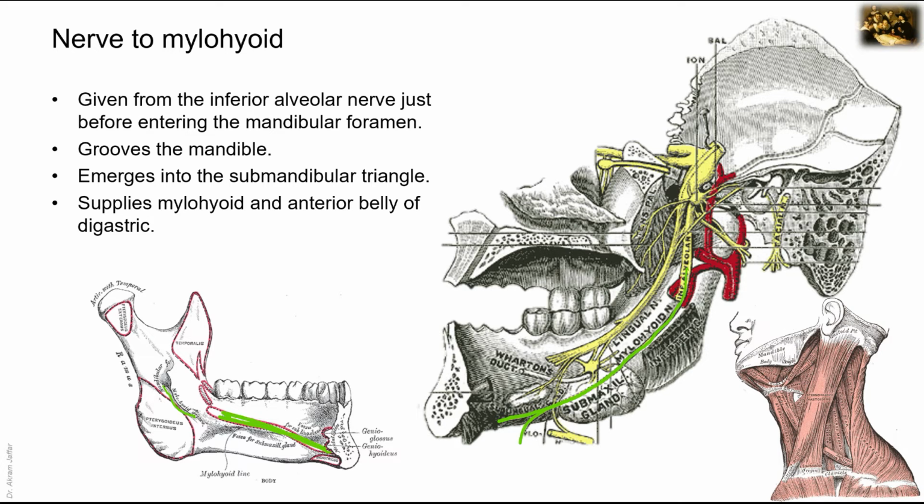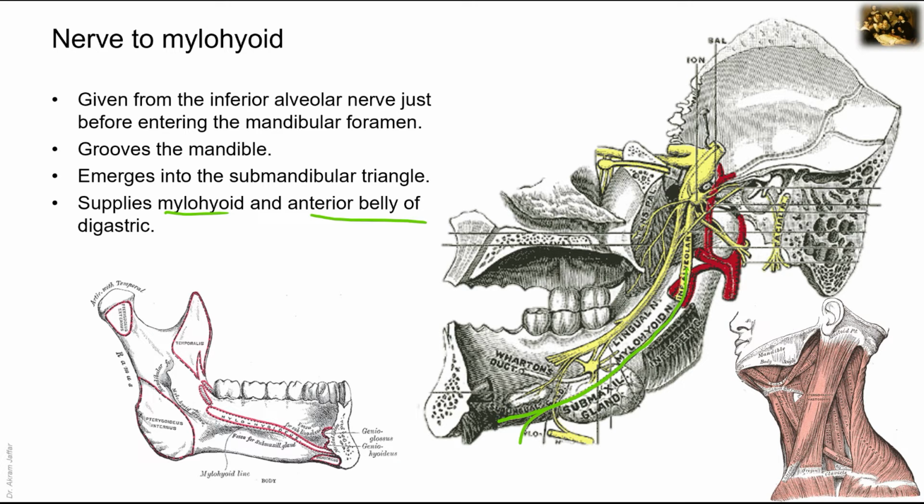This is the mylohyoid line where the mylohyoid muscle is attached, and the nerve passes below the mylohyoid, so it appears in the submandibular and submental triangles, while above the mylohyoid, the lingual nerve passes, so it is present in the mouth, because the mylohyoid is in fact like a diaphragm which separates the mouth above and the neck below. This nerve to mylohyoid supplies the mylohyoid and the anterior belly of the digastric muscle.